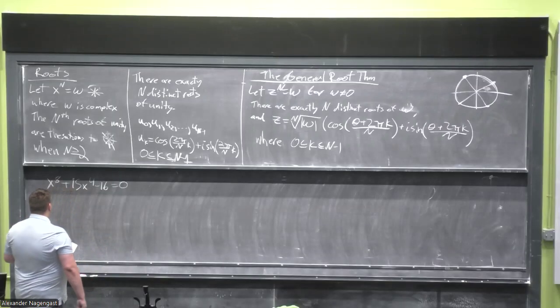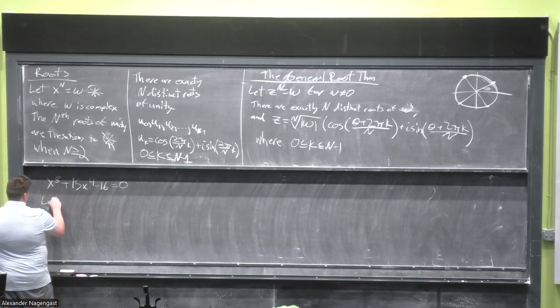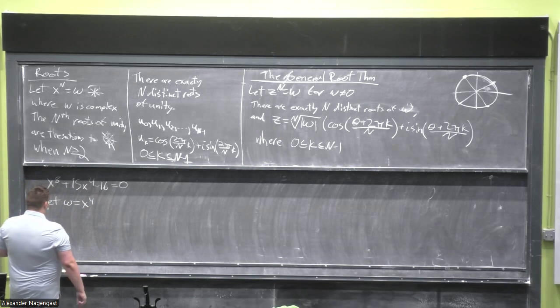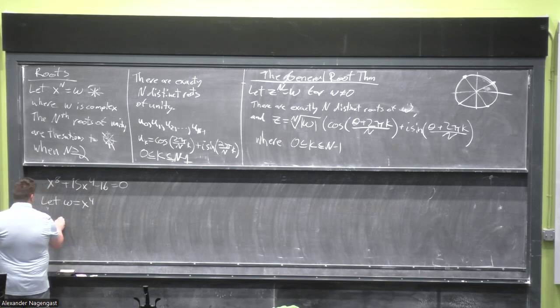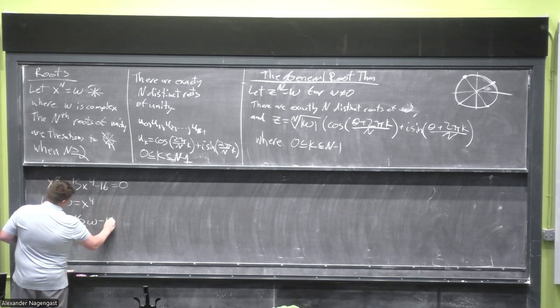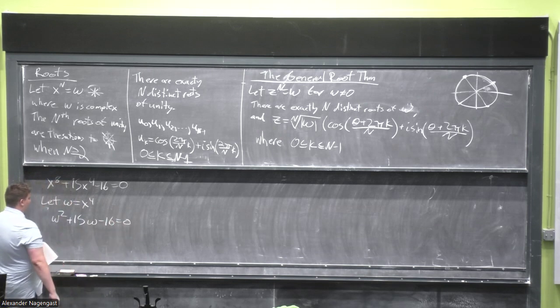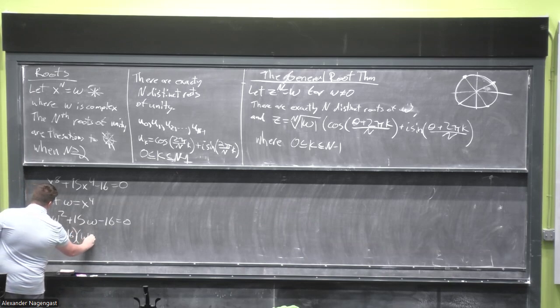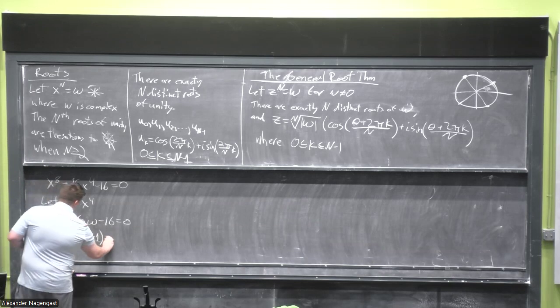So what we can do is let omega equal x to the 4th. Because then we can substitute in for omega, and we get omega squared plus 15 omega minus 16 equals 0. So we have omega plus 16 times omega minus 1 is equal to 0.